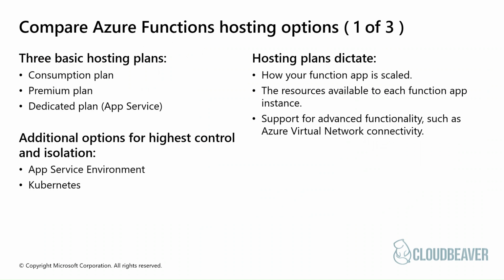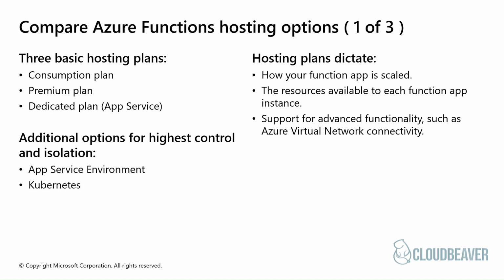Comparing the functions hosting tiers. There are three hosting plans. One is the consumption plan. You run a job for 10 seconds or 1 minute or 1 day, and you pay for that. That's the consumption plan, which is pay as you use. Premium plan, in which you get a dedicated premium server that has the highest scalable capacity. Regardless of whether you run a function or not, you create a plan and you pay money for it.